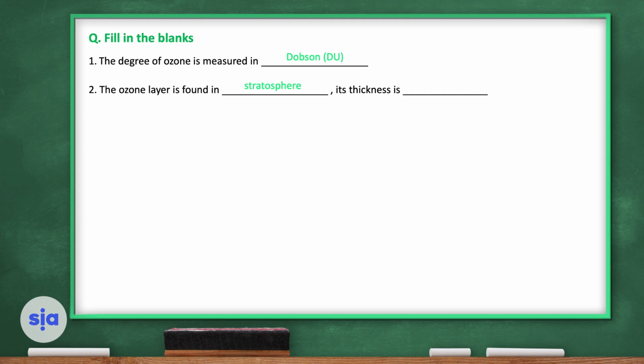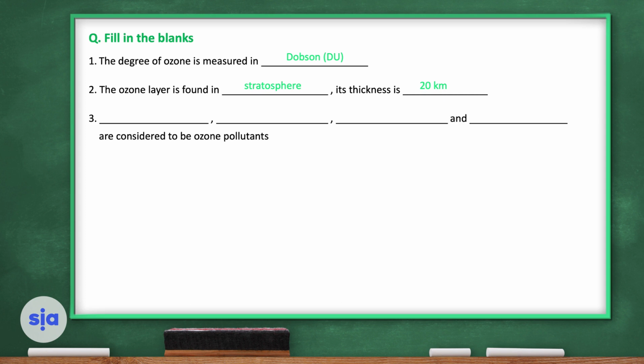Of course, it is in the stratosphere, and its thickness is 20 kilometers. What are considered to be ozone pollutants? Chlorofluorocarbon, known as Freon, methyl bromide, halogens, and nitrogen oxides. All these chemical substances are ozone pollutants.